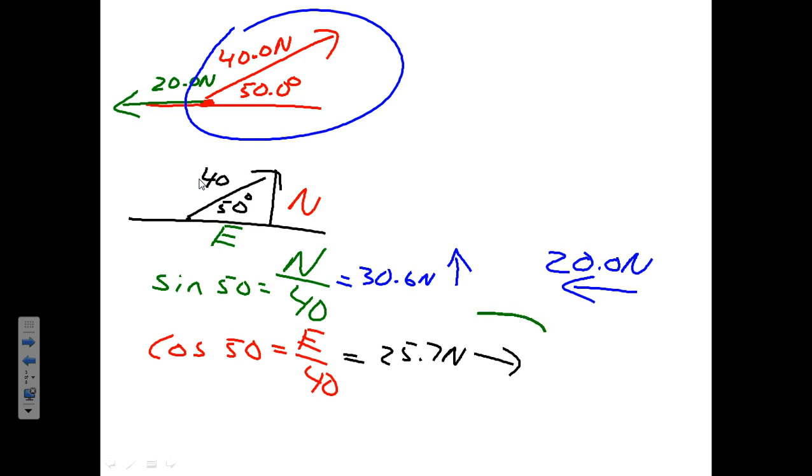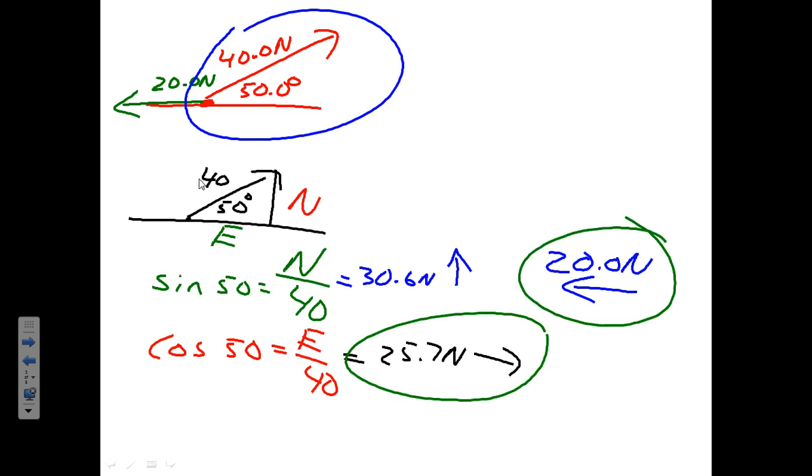What can we do with this one and this one since they're in the same dimension? Just subtract them from each other. Okay. So now we put those components together, the east-west components together, and we end up with 5.7 newtons going which way? Going east. And we still have 30.6 newtons going north.